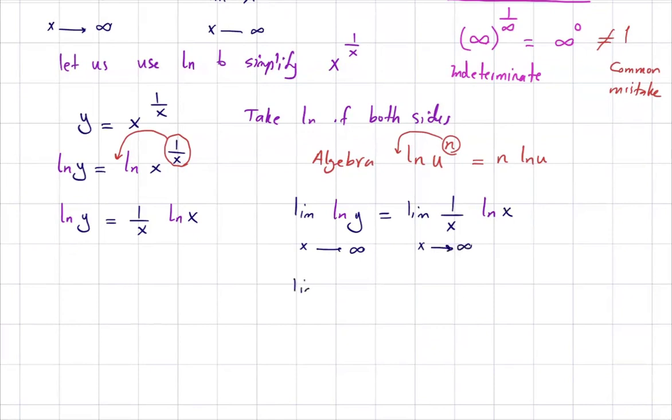Well, 1 over infinity is 0, times ln of x, which goes to infinity, so 0 times infinity. So again, you have an indeterminate form, but you can't apply L'Hopital's rule here. So this is another indeterminate form.